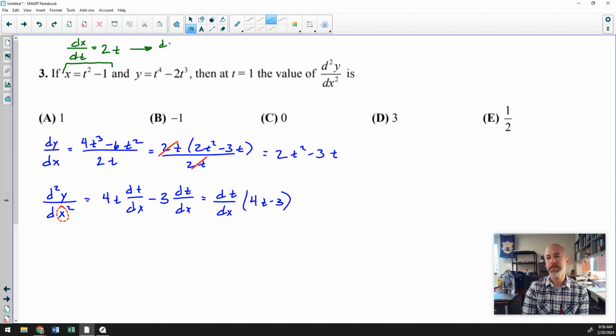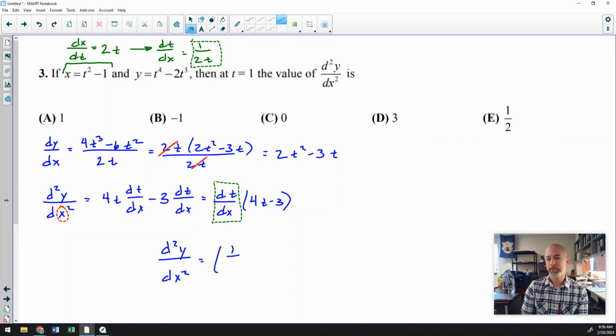That means dt/dx would equal 1 over 2t. And now that I have an expression for dt/dx, that can substitute in and replace the dt/dx in my second derivative expression down here. And now I have a cleaner second derivative expression in terms of only t, and that is this expression.